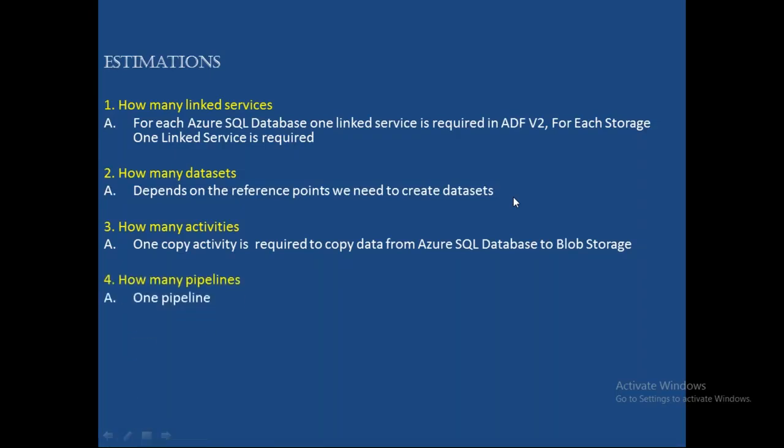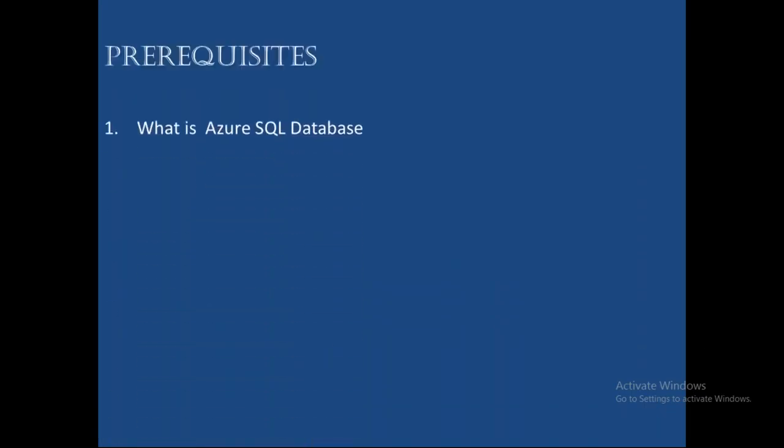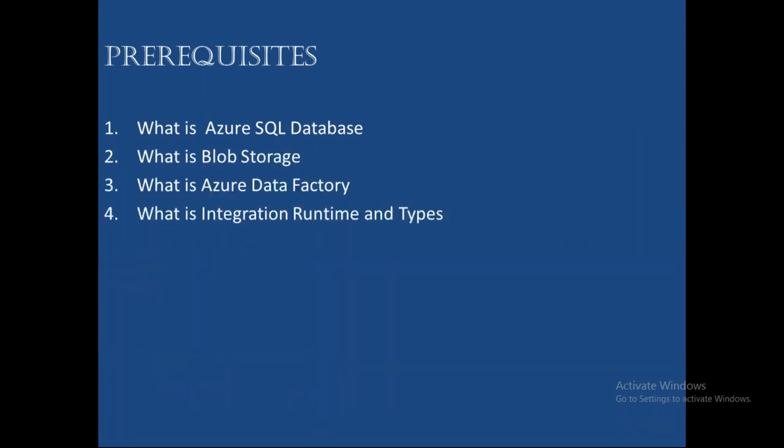Next, how many pipelines will we create? One pipeline. So what type of IR do we need to use to copy data from SQL database to the blob? We need an Azure integration runtime. Okay, these are the things we need. So let's see prerequisites. We need to understand what is Azure SQL database, what is blob storage, what is Azure Data Factory, what is the integration runtime and its types.